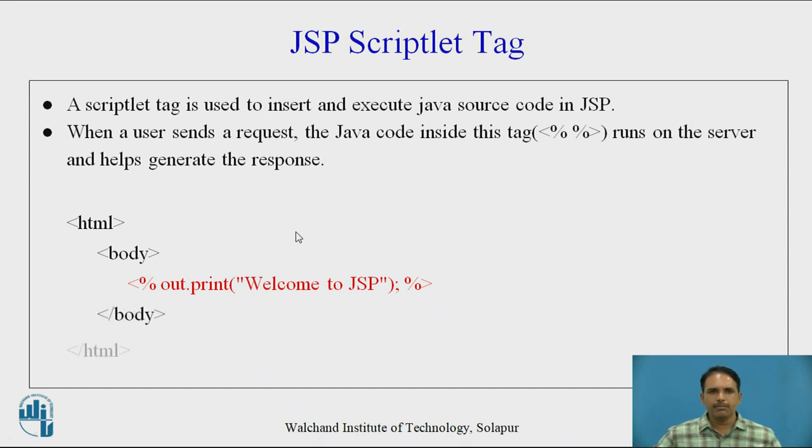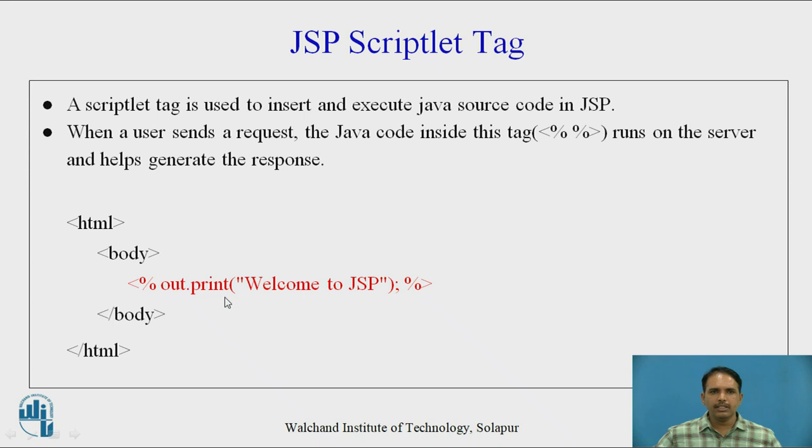So let us take an example here. So here I have a simple JSP which contains HTML tag, body tag, and body tag contains a scriptlet tag. So here scriptlet tag is used to include a Java statement as out.print, and as a parameter we are passing a string called welcome to JSP, and this particular statement ends with a semicolon and tag ends with percentage followed by angular bracket.